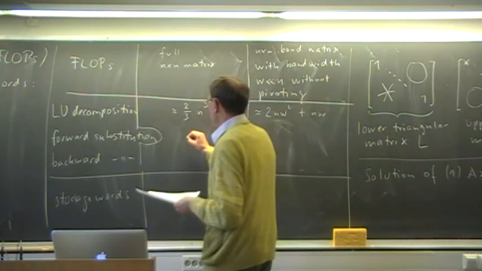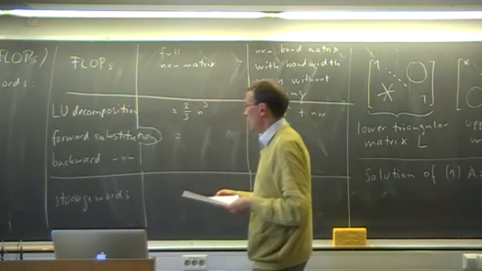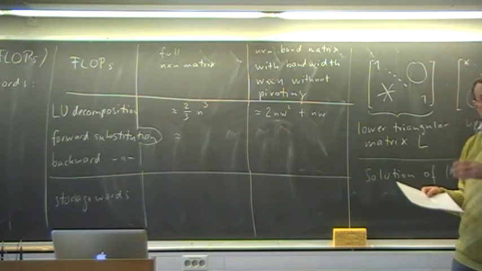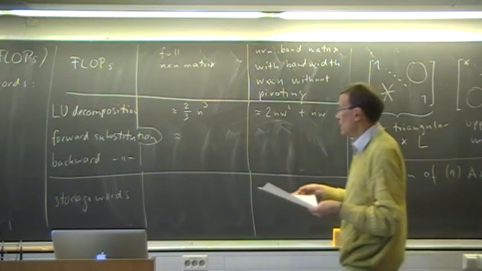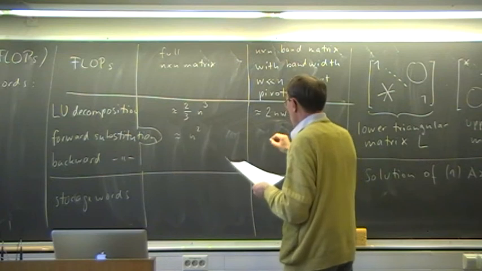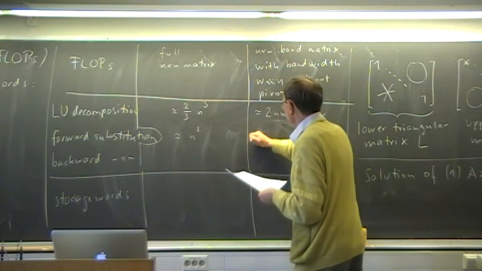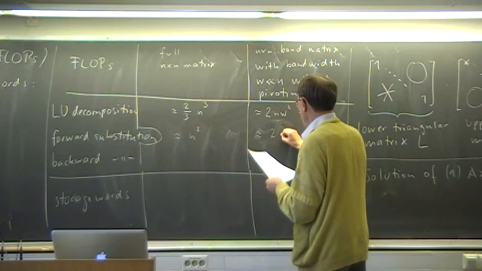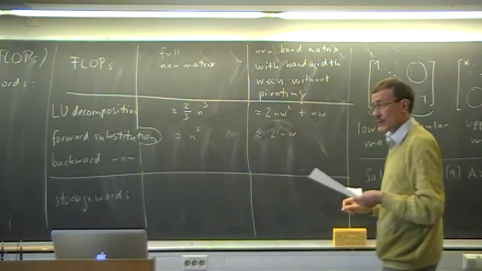If we do the forward substitution, then we have to go through the whole matrix, but it's just a lower triangular matrix. The operation count is approximately n squared, whereas for the band matrix we have approximately 2nW operations.